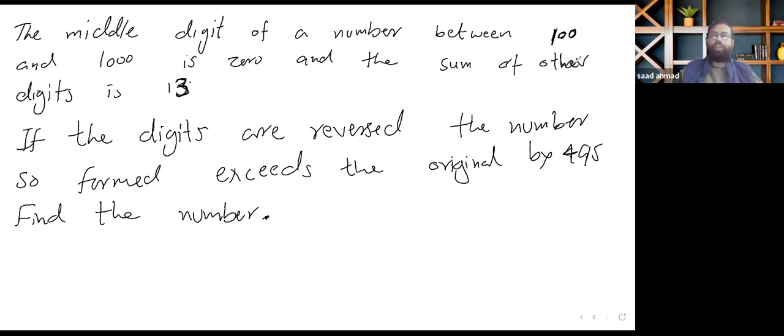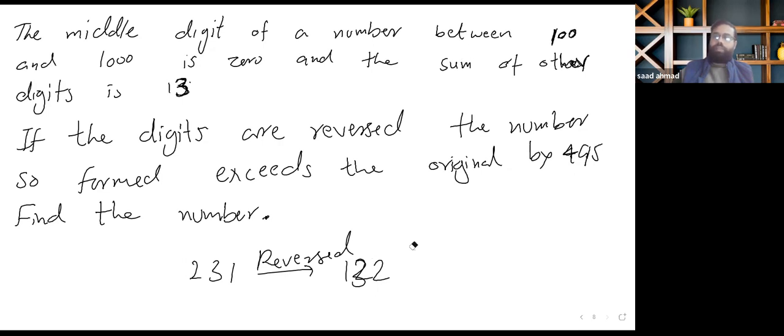And the sum of the other two digits, the first and the last, is 13. And if the digits are reversed, like let's say if it is 231, reversed means 132. The middle digit will stay at its place. So that's what reversed means.